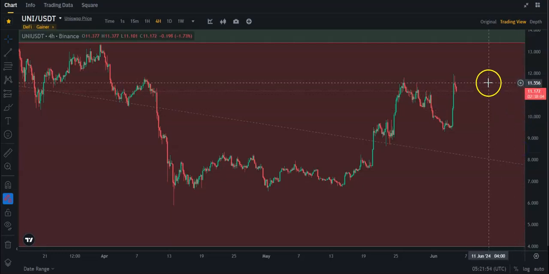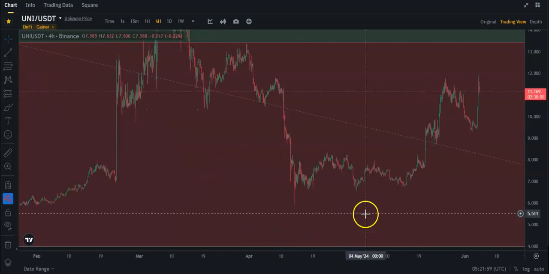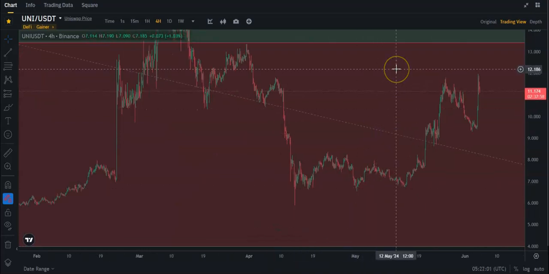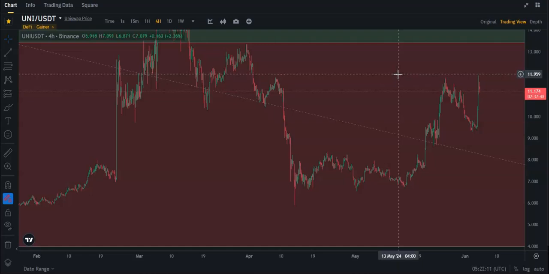Anyways, guys, I'm not here to really talk about what they do. Let's talk about the targets. I think the next resistance is probably, looks like we may have hit it, around here at $12. I'm not going to mark that off, because $12 is kind of a psychological number, and $13 is also.